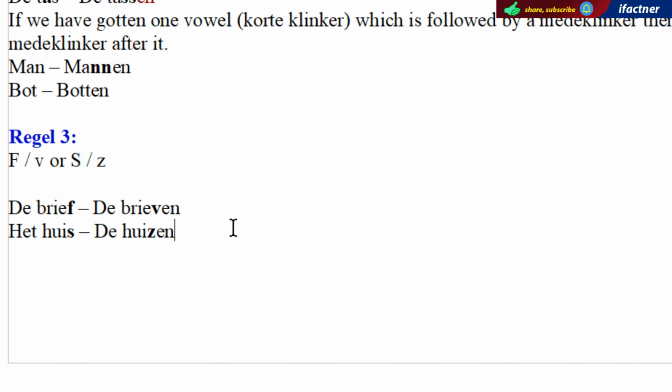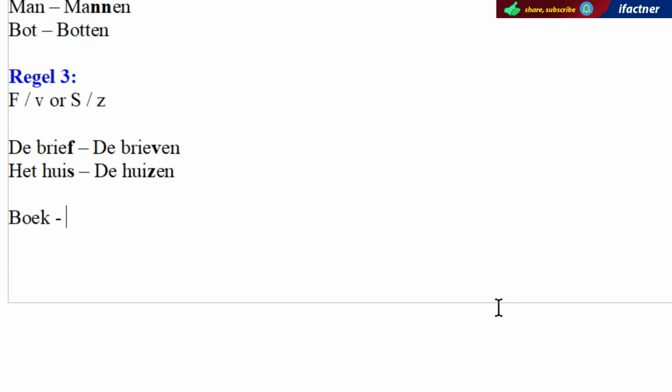Now let's take a few examples. We have got an Enkelvoud word, boek, B-O-E-K. It will become boeken because there is no lange klinker, because we have got two vowels, O and E, but they are not similar, therefore they are not a lange klinker, therefore it just becomes boeken.